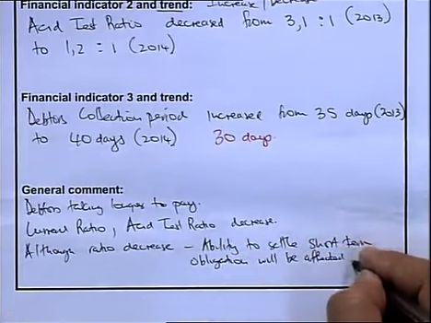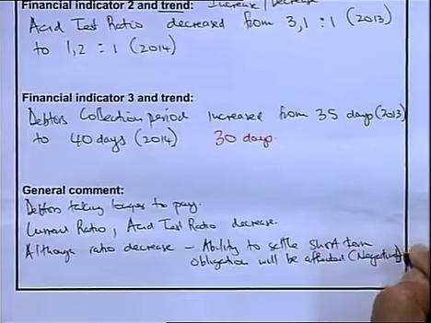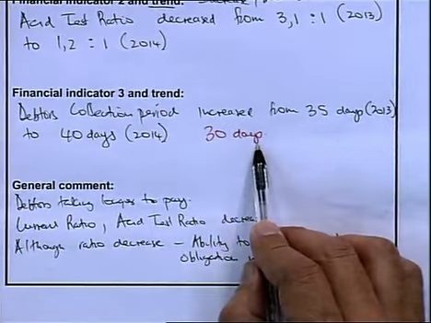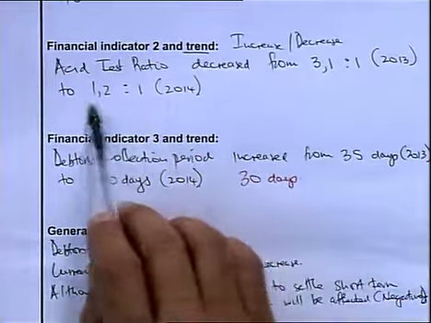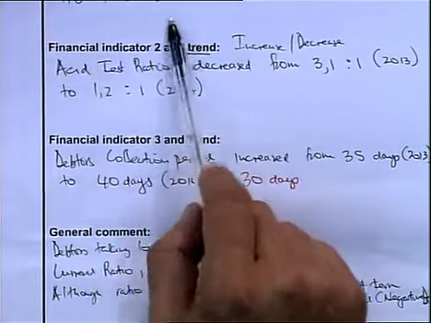Okay. How? Negatively. Okay. Why? Because there's a decrease in the ratios. So that has to be rectified. Okay. This ratio is still acceptable, right? That ratio is also still acceptable.